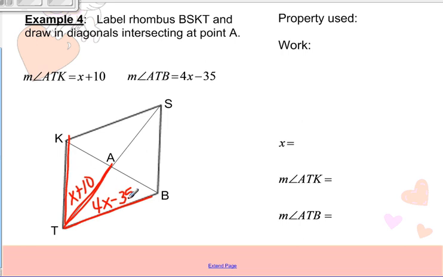This problem here is very similar to the last problem we just did for the square. Okay. Again, the property we are using is that the diagonals bisect the angles.